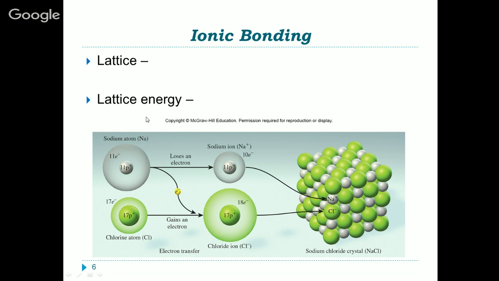The energy which holds all of these ions together is called the lattice energy, and we will actually be able to calculate that in a later slide using the Born-Haber cycle. So here's our lattice structure. This is one of the reasons why we see salt as a little tiny cube, because it is a crystal and it will form and then it will get to be unstable and it will shear off at some point to start forming the new crystal.